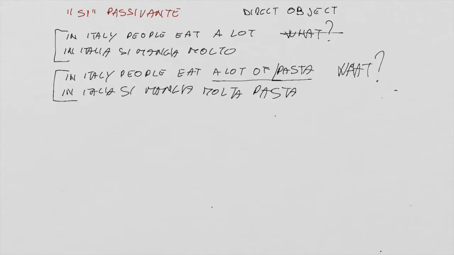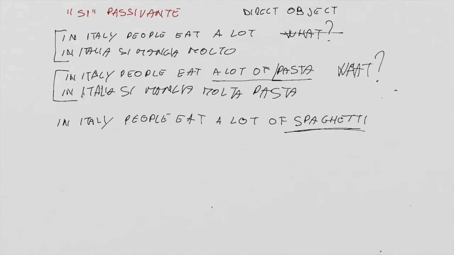You're right. But there is a but. You have to learn this because there is a little difference in the way they work. Because if instead of a singular direct object as molta pasta, there is a plural direct object, the third plural person of the verb must be used, not the singular. Note the difference. Instead of molta pasta, now I want to say that in Italy people eat molti spaghetti, a lot of spaghetti.